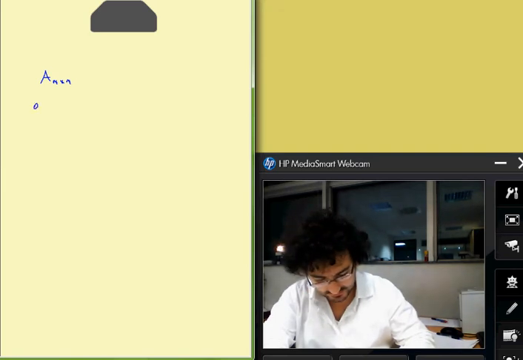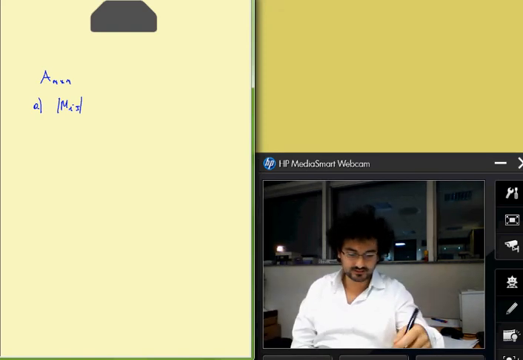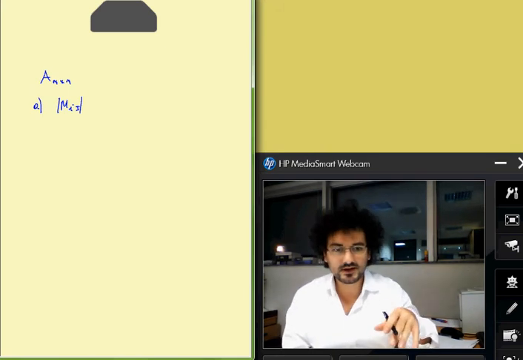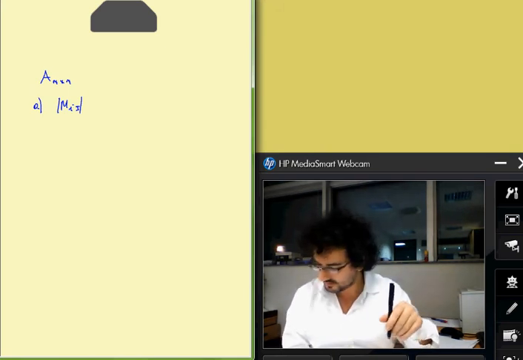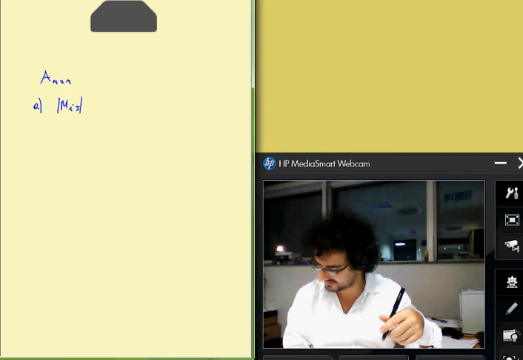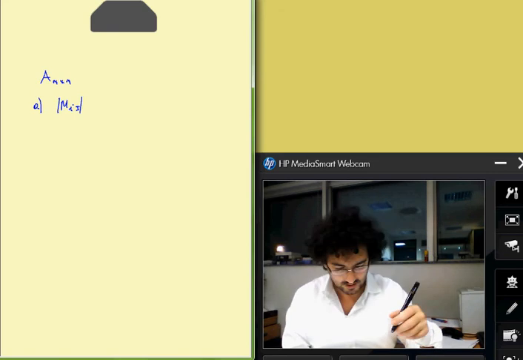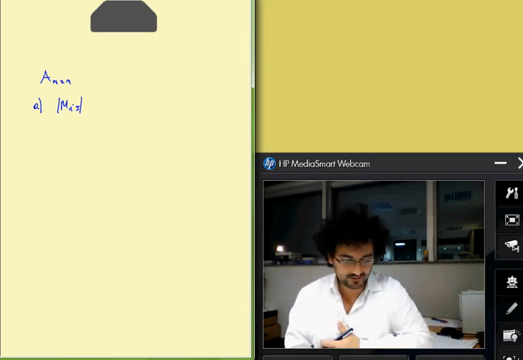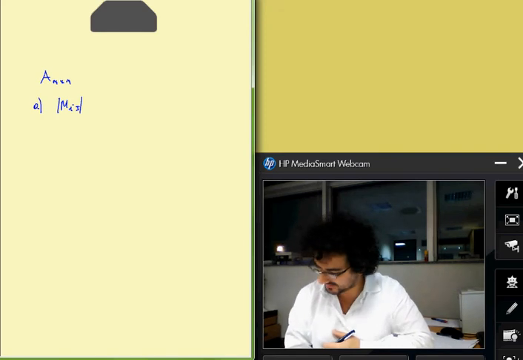The minor M_ij of matrix A, of the element A_ij, is the determinant of the submatrix we get deleting the row i and the column j in the matrix.